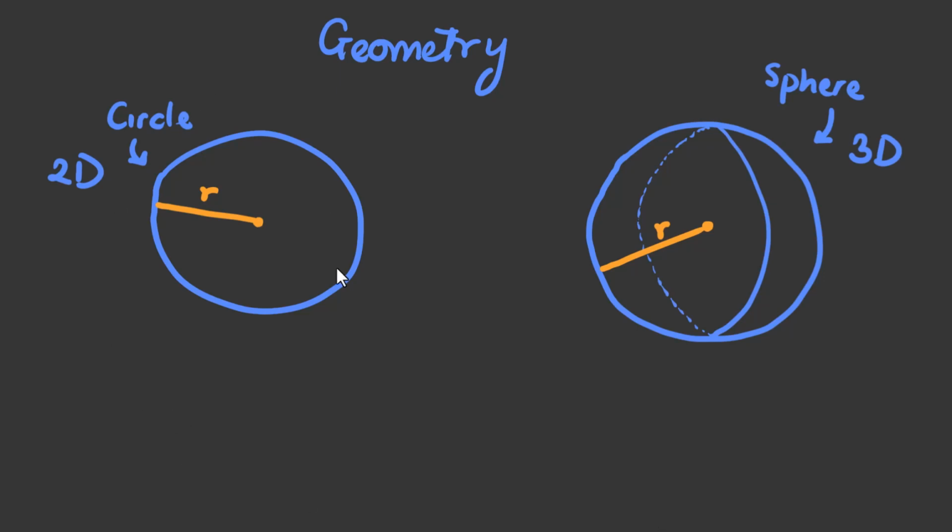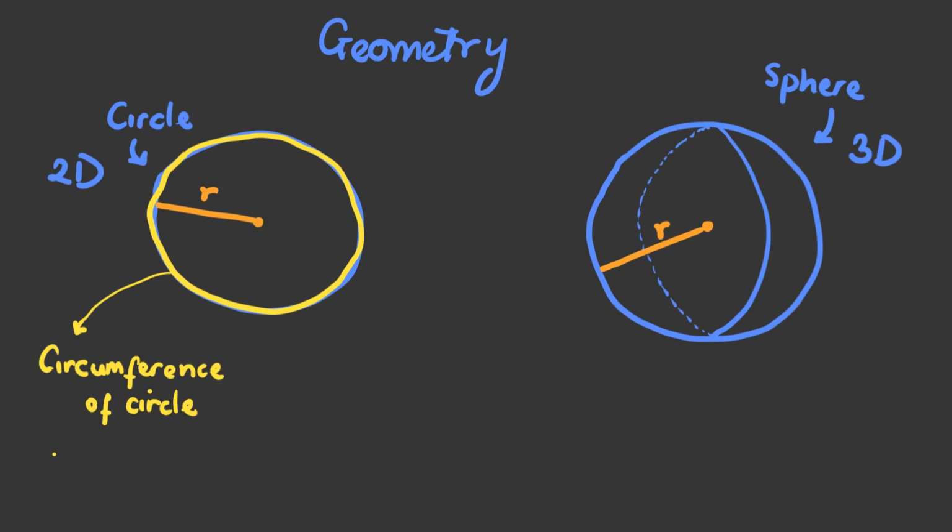For the circle, we need to determine the circumference, which is the distance around the circle. To determine the circumference, all we have to do is multiply 2 by pi, and multiply the result by the radius.